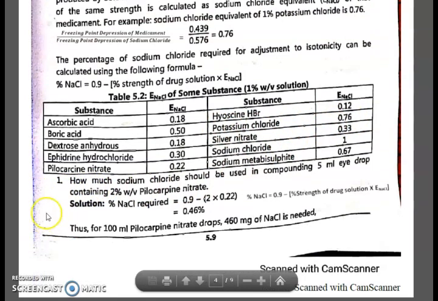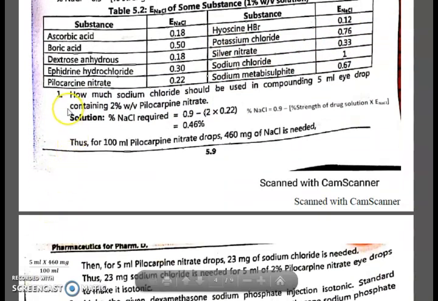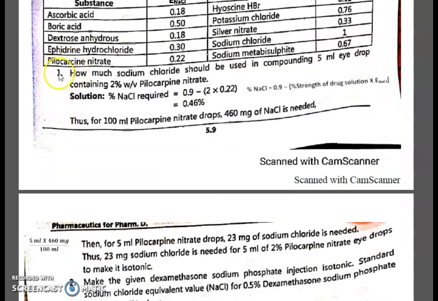Let's make this method better understood by calculating one example. In this example, we have to calculate the amount of sodium chloride used for compounding 5 ml of eye drops that contain 2% weight by volume pilocarpine nitrate.